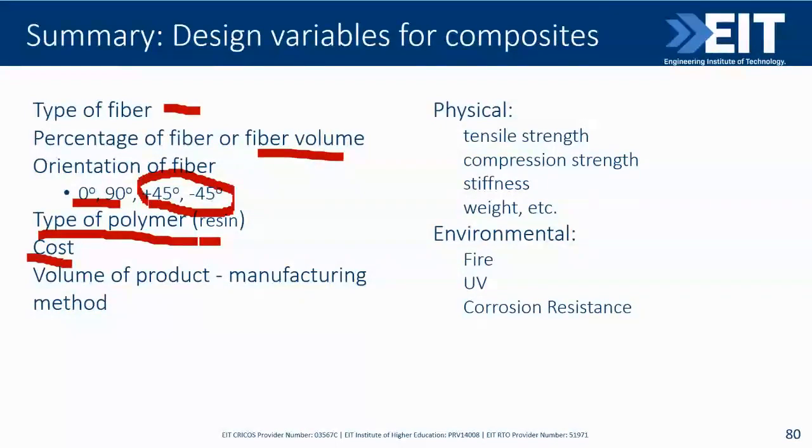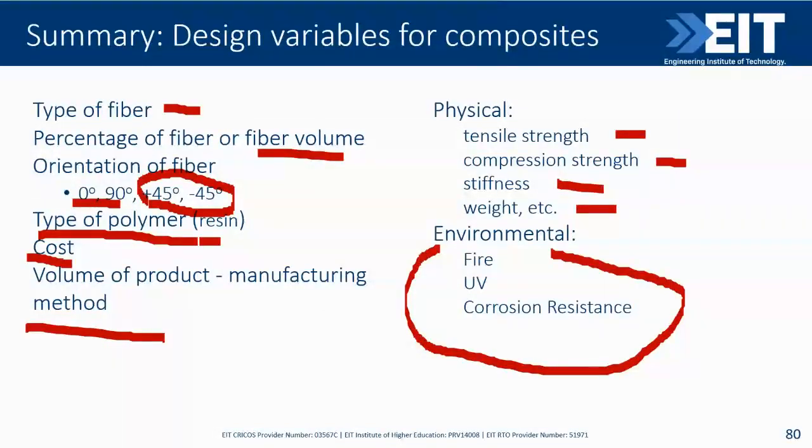The cost is related: the resins and polymers are becoming cheaper, so they are becoming more available and more feasible for construction. All this is obviously related to how it can be manufactured, so whether we can afford it or not. All these variables will lead to optimization of required physical properties, such as tensile strength, compressive strength, stiffness, and weight.